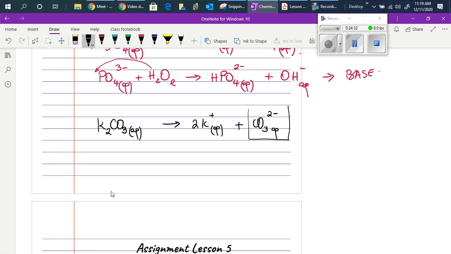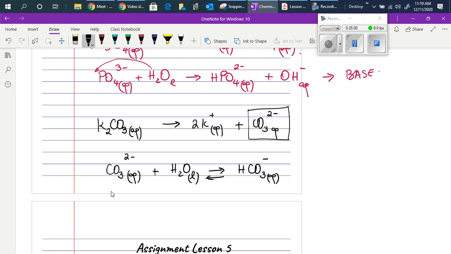Okay, so now we take this and then we write a modified Arrhenius equation. CO3 2 minus in aqueous solution plus water liquid will give us HCO3 minus in aqueous solution. Why minus?